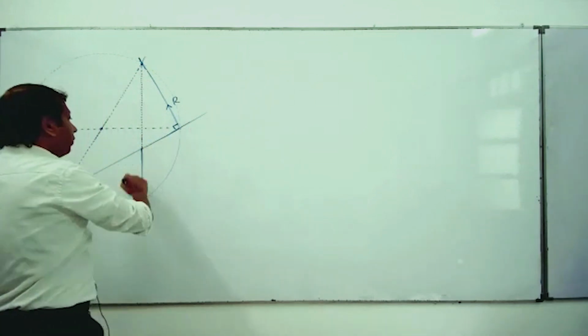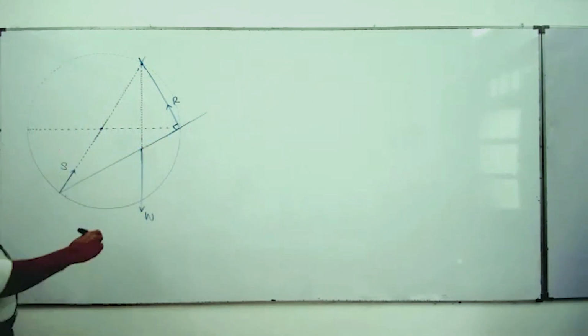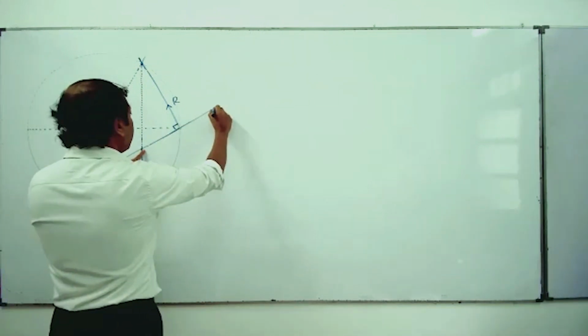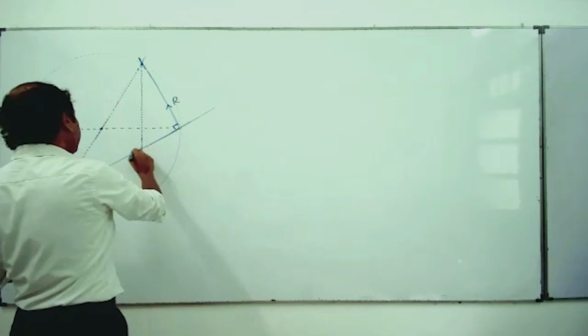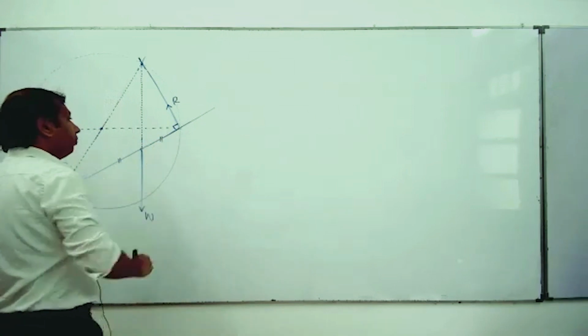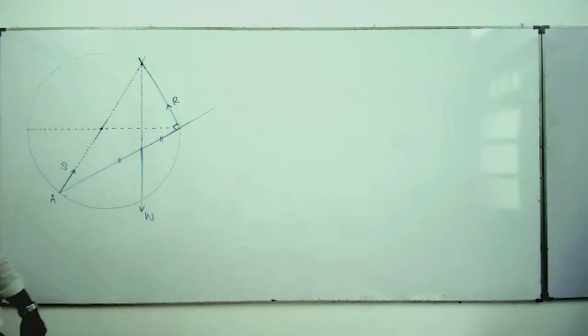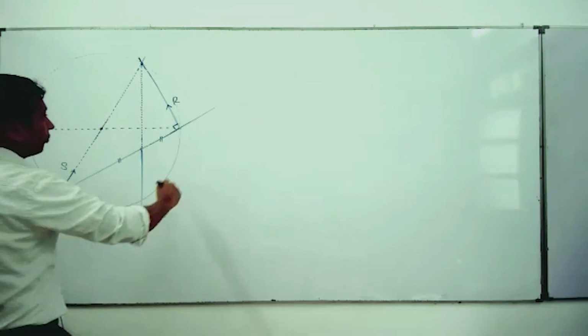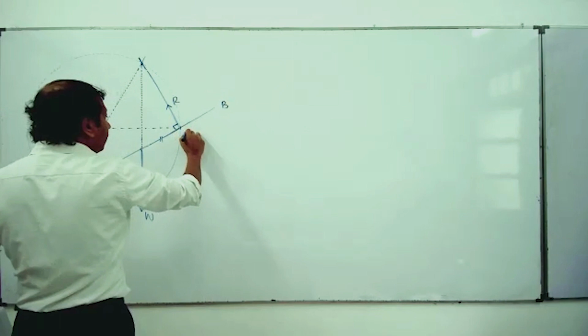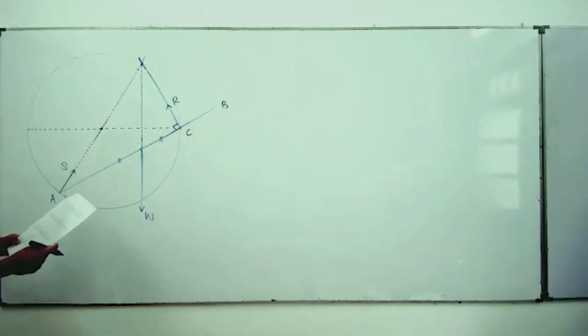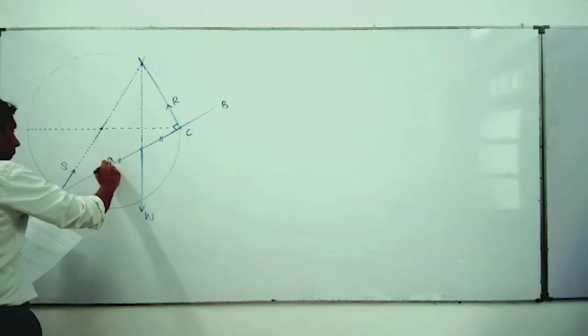It's a uniform rod. Therefore, the center of gravity acts at the midpoint. Here is the midpoint, this and this being equal. Suppose this rod is A, B, then B, C. The length of the rod is 2a, therefore this is a.